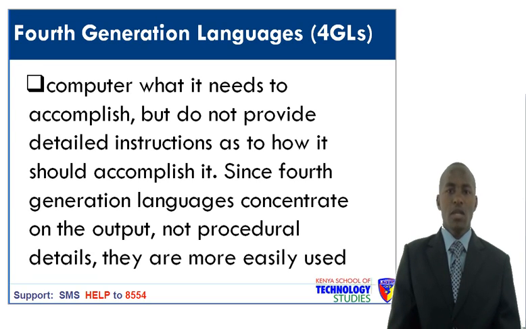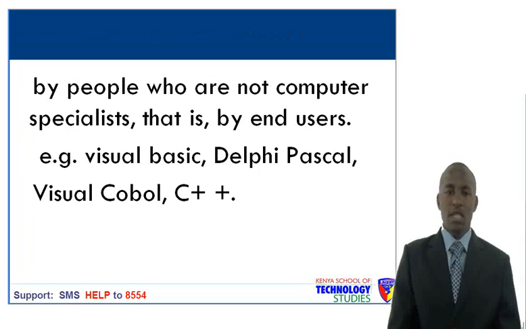Since fourth generation languages concentrate on the output, not procedural details, they are more easily used by people who are not computer specialists, that is, by the end users, e.g. Visual Basic, Delphi, Visual COBOL, and C++.